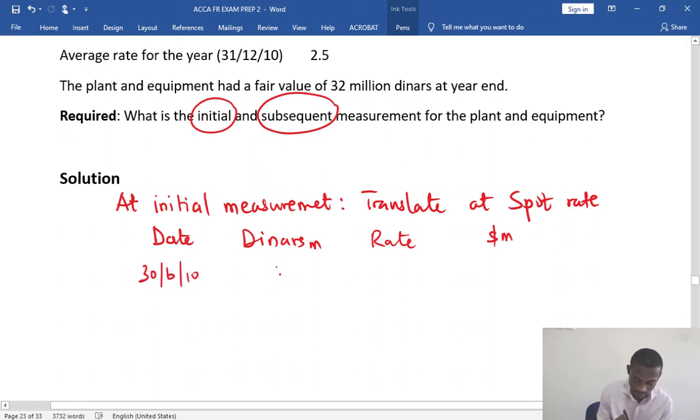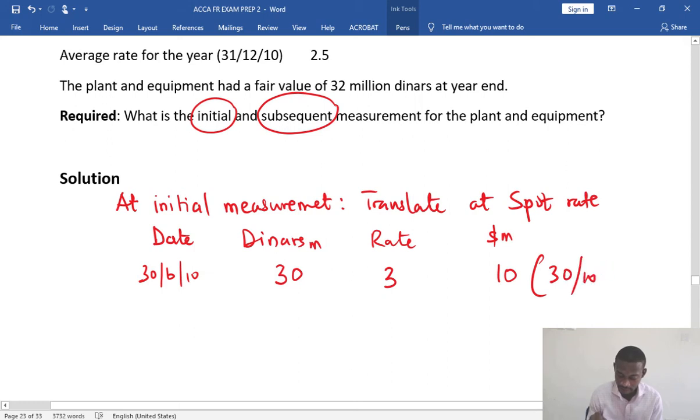The value was 30. The rate was 3. It means we should have 10 million because this is 30 divided by 3. So 30 divided by 3 should give us 10.